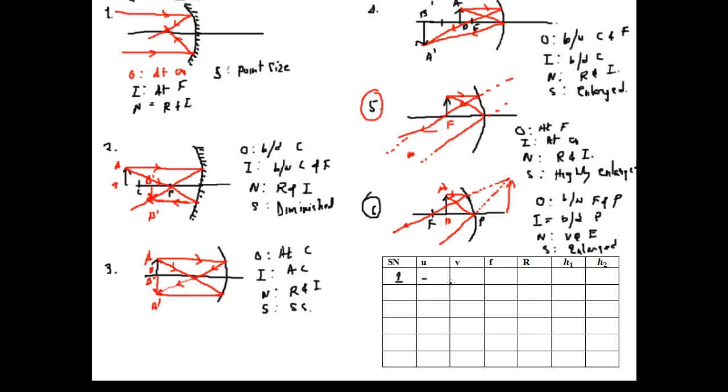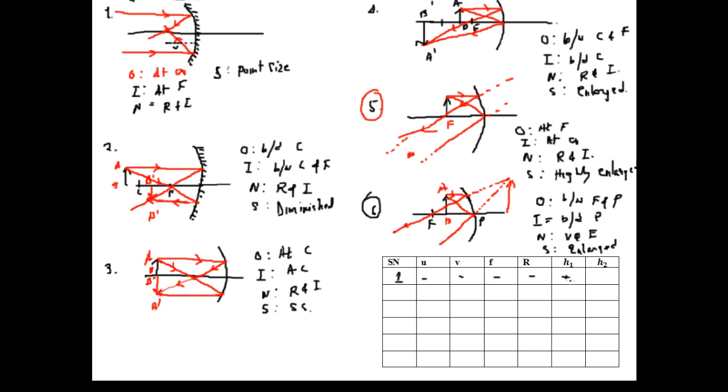This is the DOL, the direction of light, and you are measuring the length this side. So definitely it has to be negative. What about focal length? It will also be negative. Radius of curvature, negative. What about H1? H1 is positive as it is erect. What about H2? Negative.